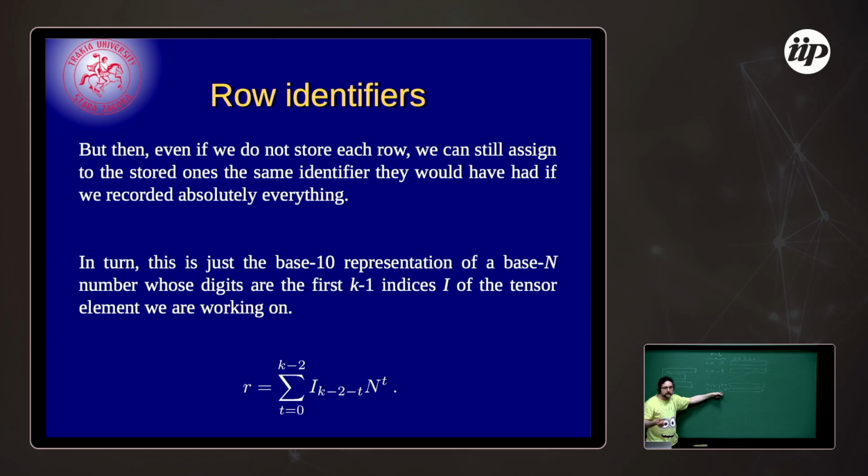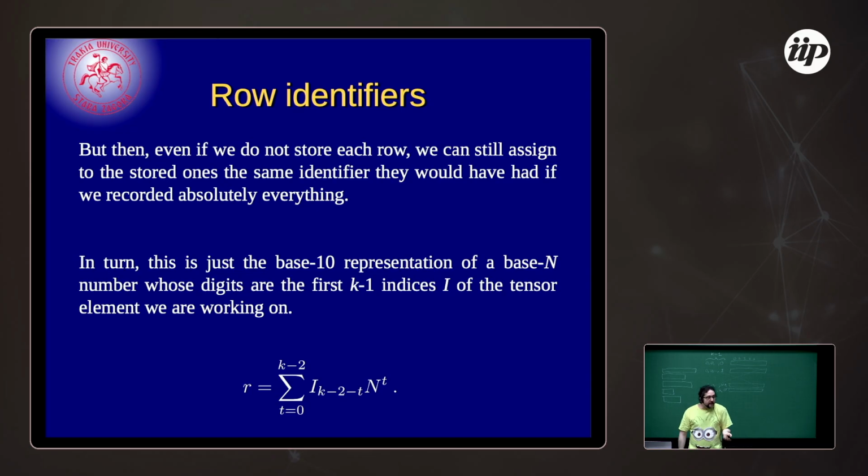It's like when you count in base 10, but you count here in base n. So the numerical identifier of our row is simply the representation in base 10 of these numbers, whose digits in base n are given by the first k minus 1 indices of the elements of the tensor that will correspond to that row.